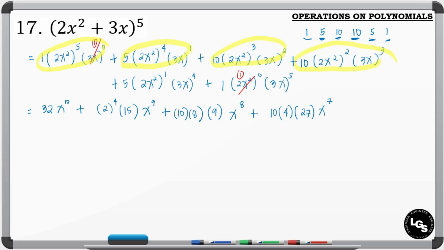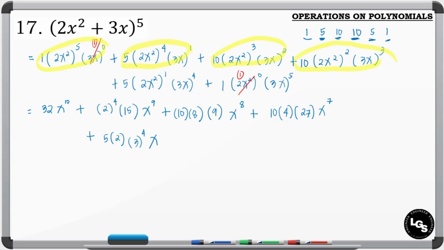So for the next one, we have 5. Here 5. Then this one is 2 raised to 1. So that is 2. 3 times 3 raised to 4, that is 81, or we can write 3 raised to 4 muna here. 3 raised to 4.